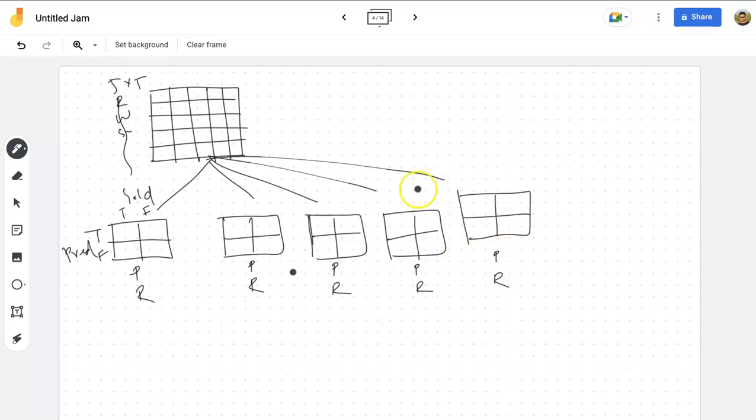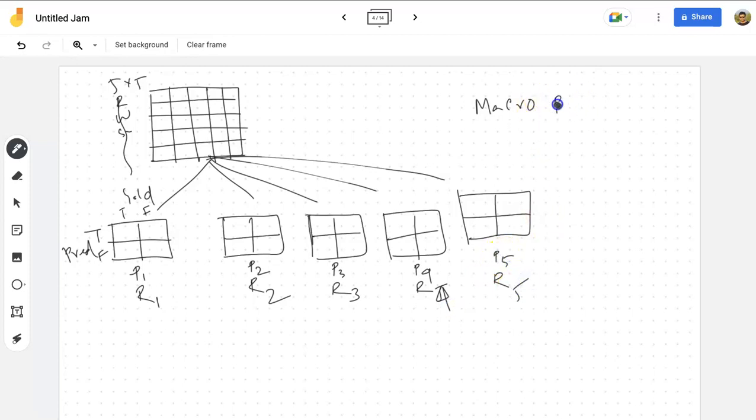For the macro case, suppose this is the precision for the first table and this is the recall for the first table: P1 R1, P2 R2, P3 R3, P4 R4, P5 R5.